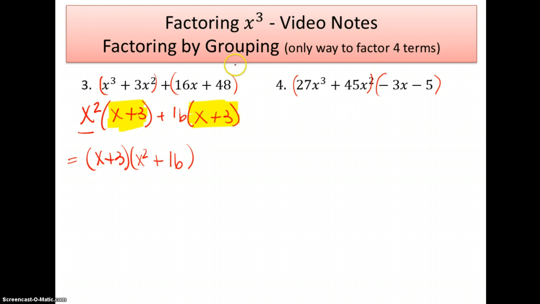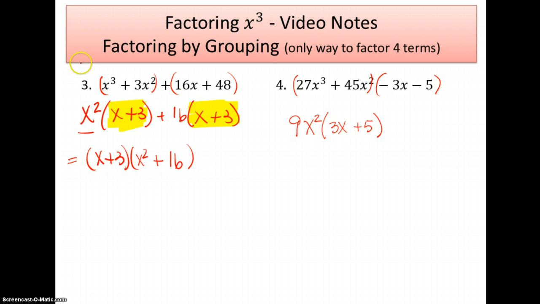I can definitely take out an x squared. And what's a common factor between 27 and 45? You're right, the answer is 9. So if I take out a 9x squared, I'm left with 3x plus 5.